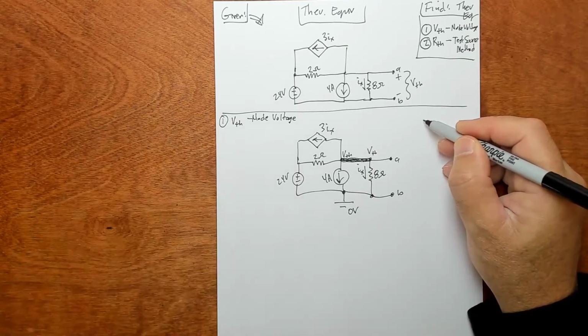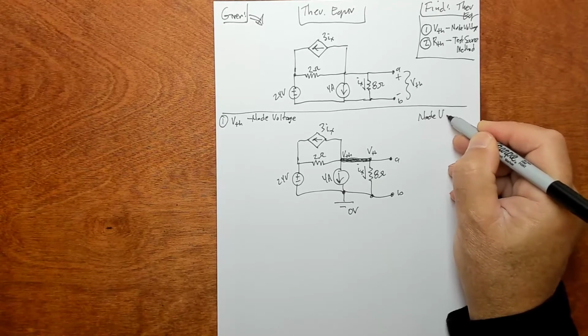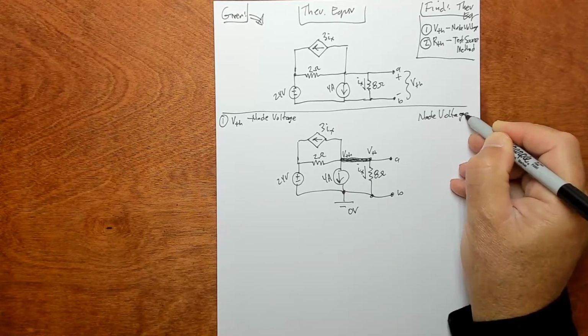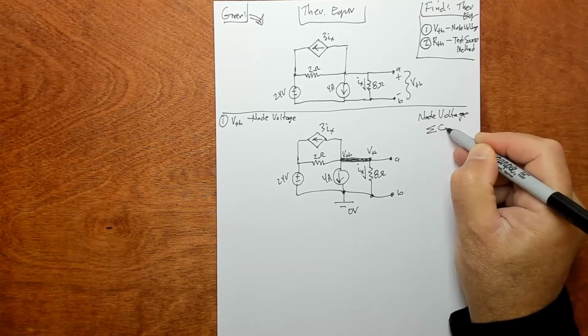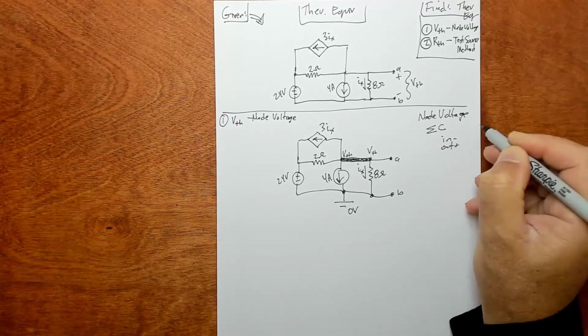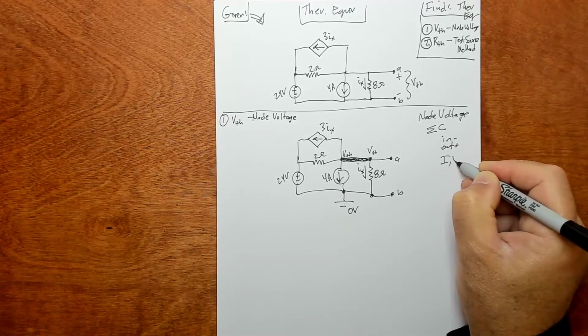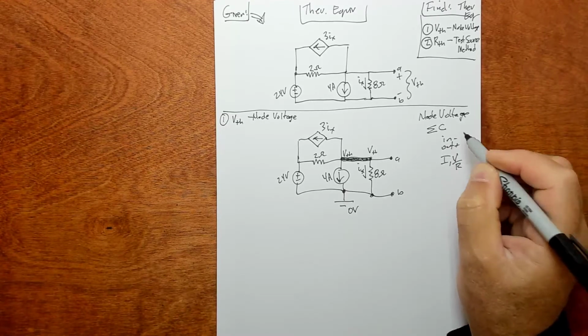So node voltage, you're summing the currents. Just to review the methods, you're summing the currents at a node. Let's use in will be negative and out will be positive. And those terms that you're summing are going to be I terms and V over R terms.